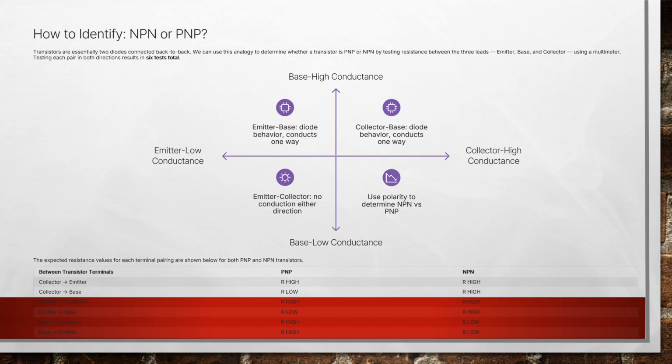NPN resistance high. Emitter base. PNP resistance low. NPN resistance high. Base collector. PNP resistance high. NPN resistance low. Base emitter. PNP resistance high. NPN resistance low.